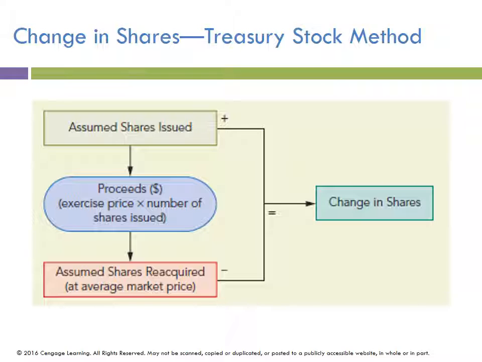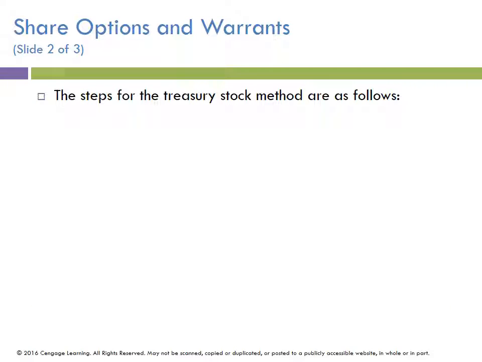The difference between the new shares going out because of the pretending of exercising of the options and warrants minus the amount we pretend to buy back is how much your outstanding shares actually change in your denominator.